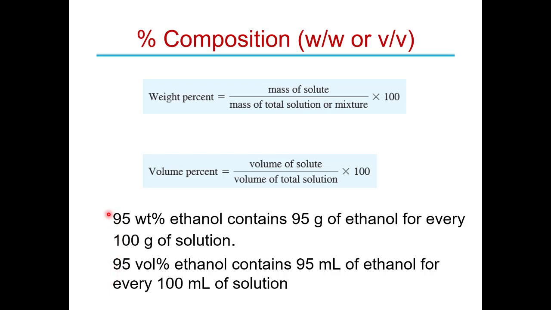Those might be different, because the density of ethanol will be a little bit different. So 95 grams of ethanol is maybe not the same as 95 milliliters of ethanol. So a 95 weight percent solution is not the same as a 95 volume percent solution.